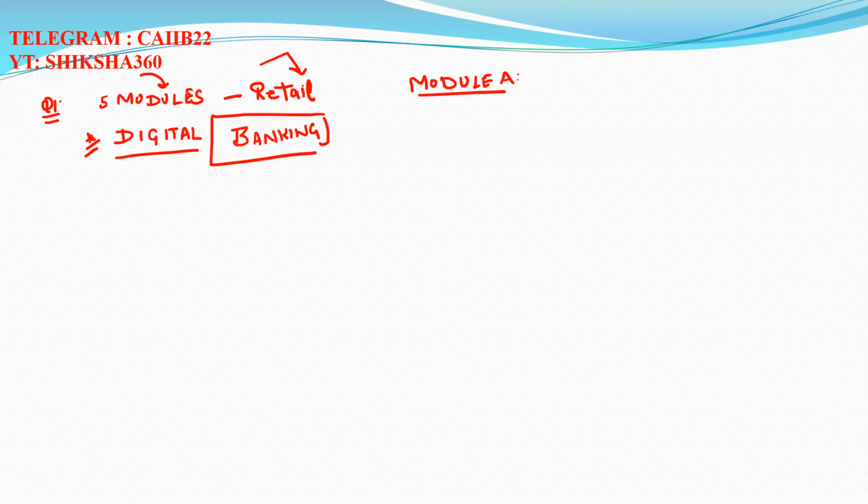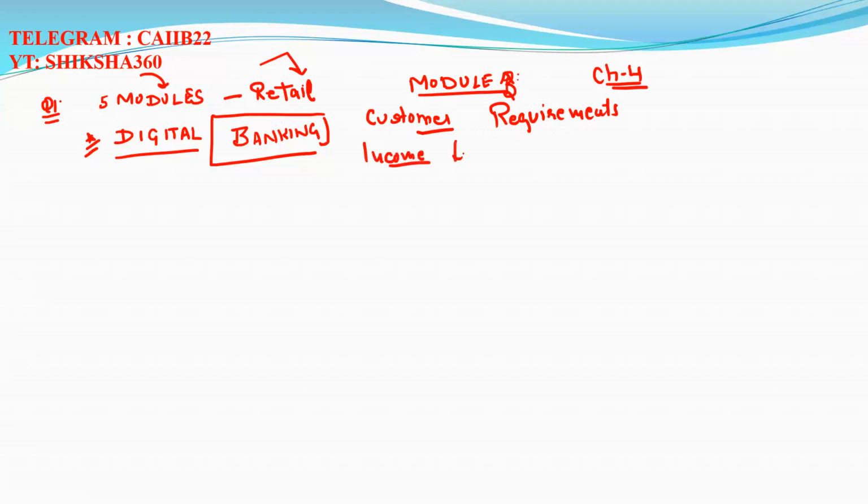From module B, one question you will definitely find is from customer requirements, that is chapter number 4. This belongs to income level and customer segment.